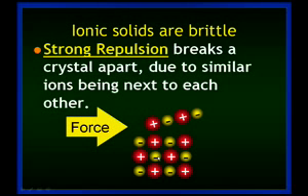And what happens is it breaks the crystal apart because you have similar ions next to each other. So this is how you break or grind salt and other ionic compounds. So if you apply that pressure, it puts like charges next to each other, and they don't like that, so they repulse, and when they push away, that's when it breaks.